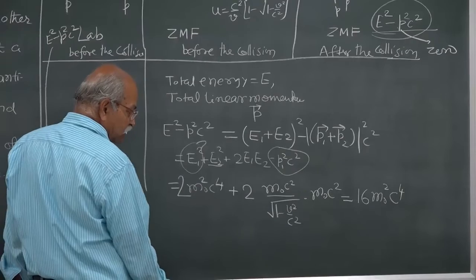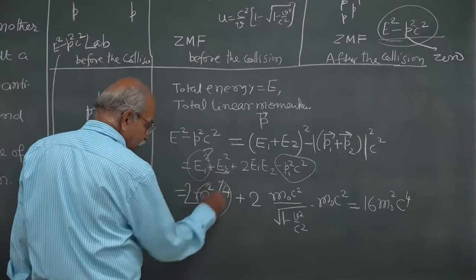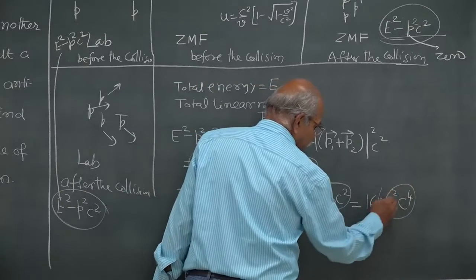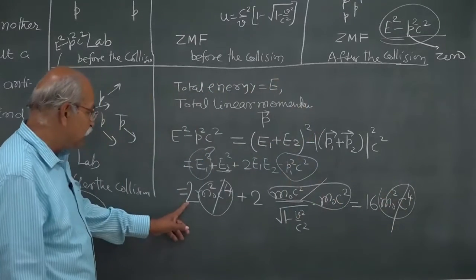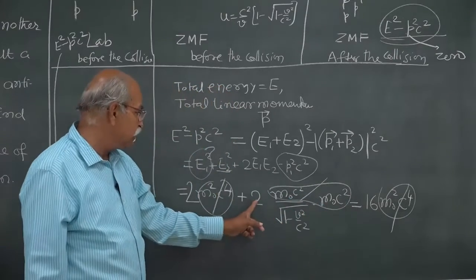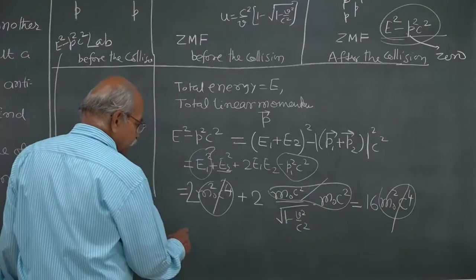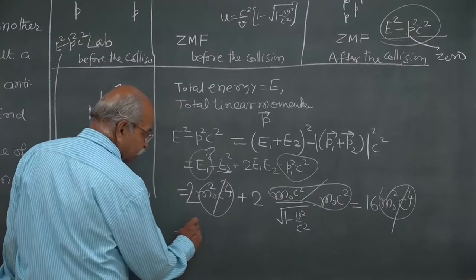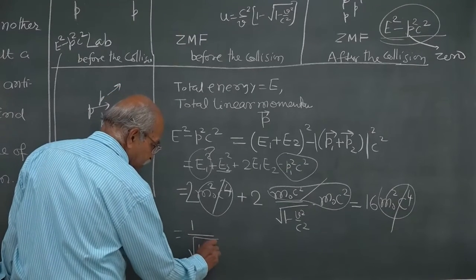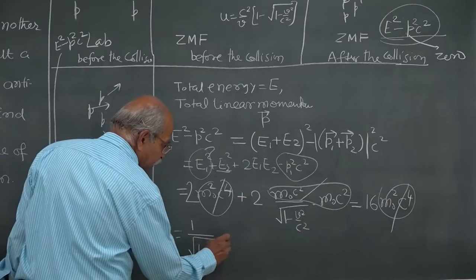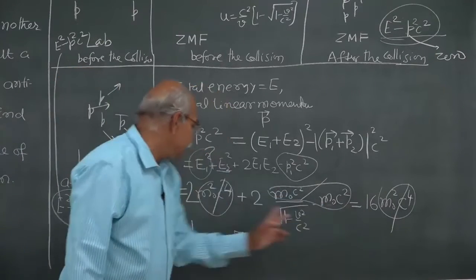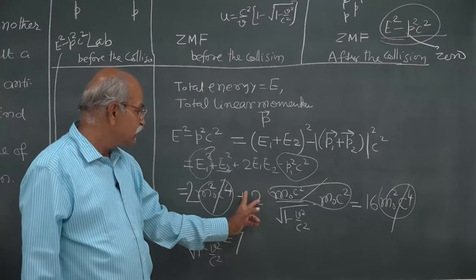You have m naught square C4, you can cancel it first. Then you have 2 here which can go on that side, making it 14. Then you have 2 here making that 7, and therefore what you are left with is 1 divided by square root of 1 minus V square by C square is equal to 7, right? This is 16 minus 2 is 14 and divided by 2 is 7.